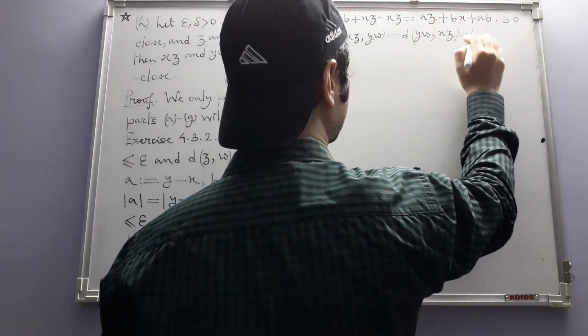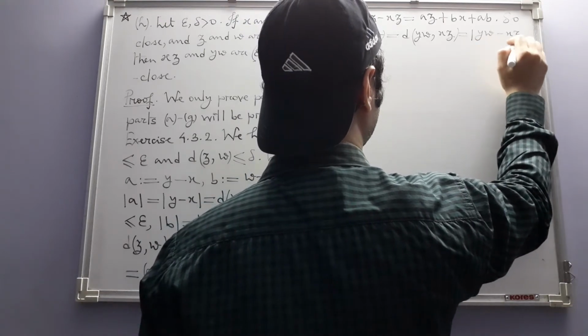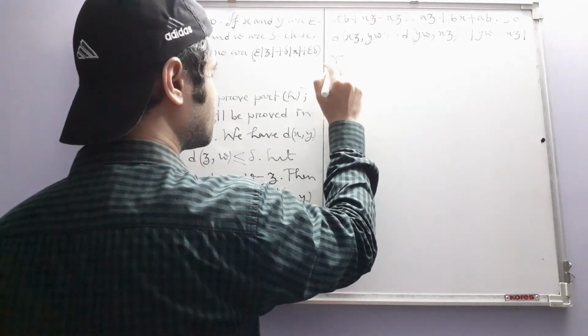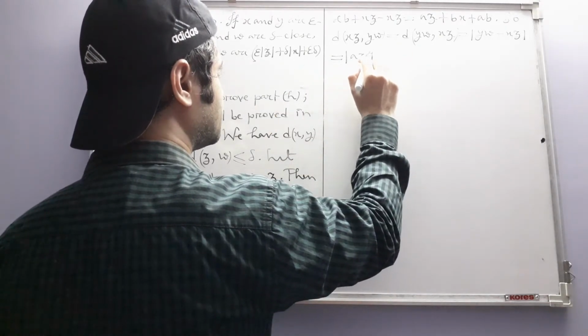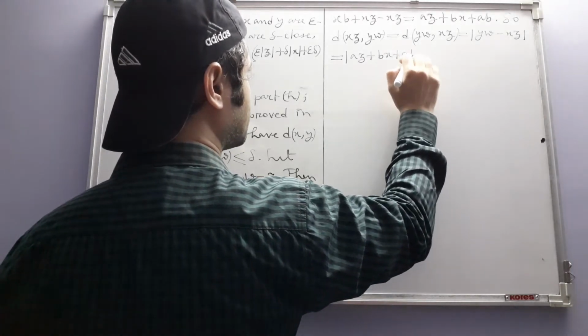By definition this is equal to yw minus xz, and that now is equal to the absolute value of az plus bx plus ab.